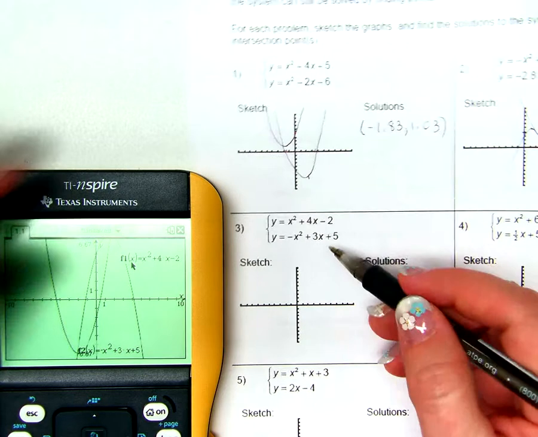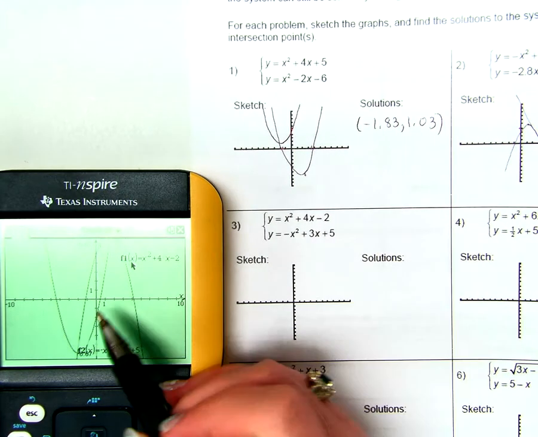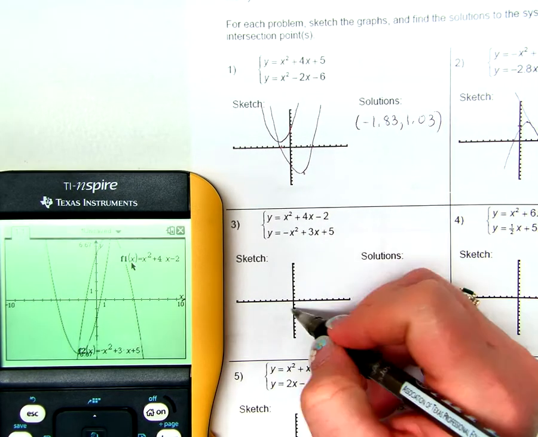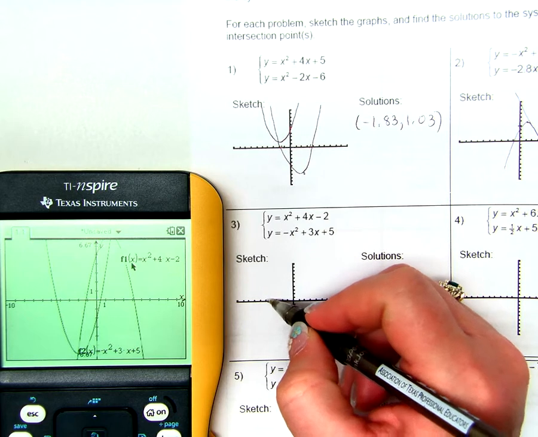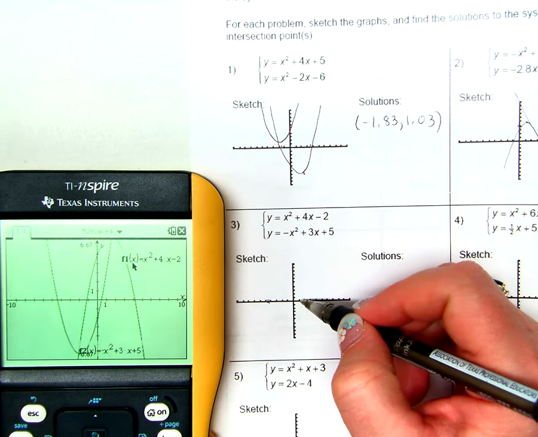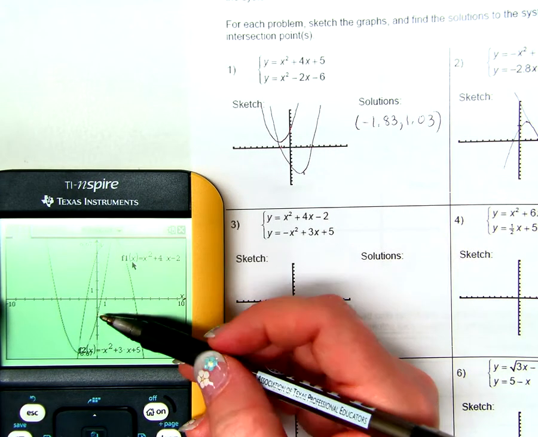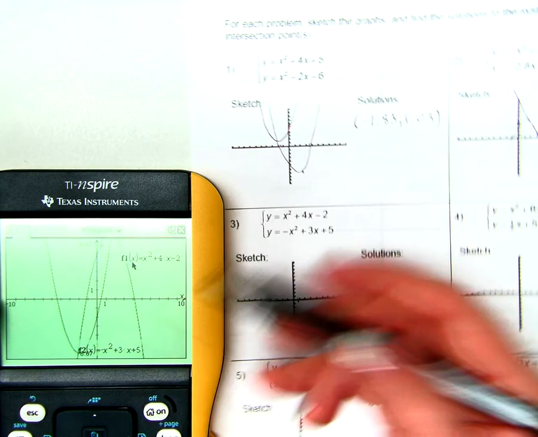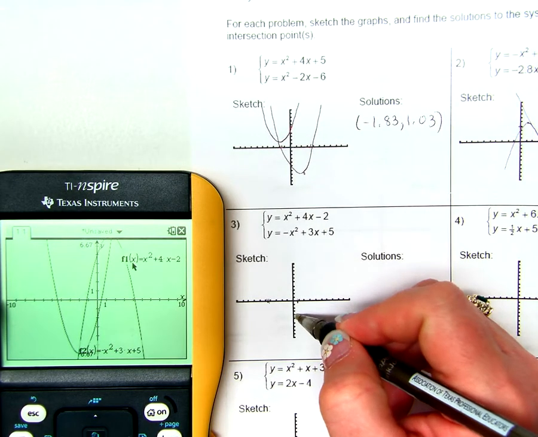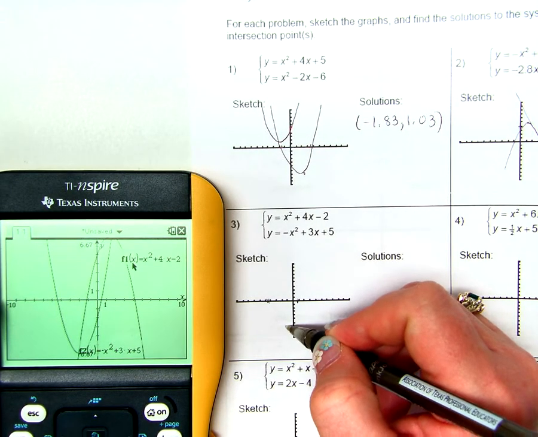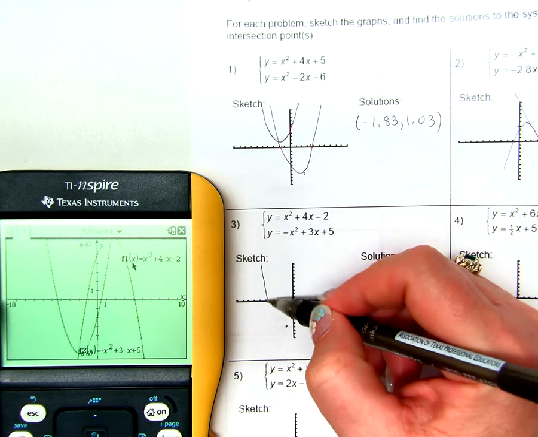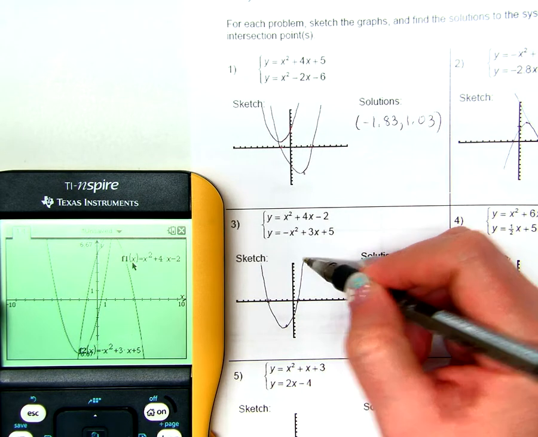Alright, so we get those copied onto our graph. 1, 2, 3, 4. It's a little past 4. Right there. And then it crosses right here-ish. 1, 2, 3, 4, 5, 6. So it's pretty close to 6. Where the bottom is, vertex. We get that graphed on our graph.